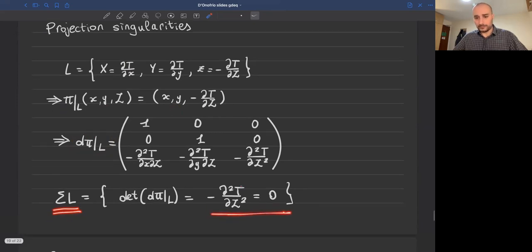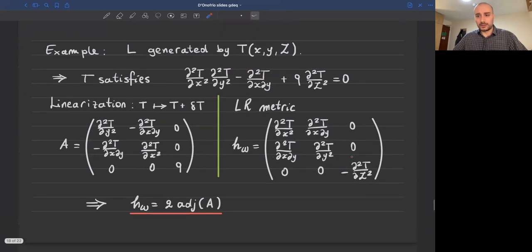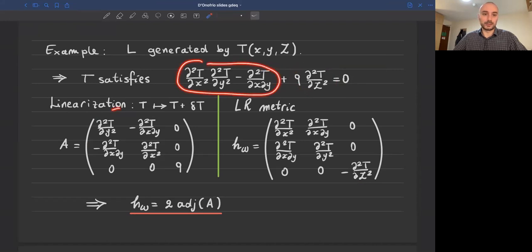Now, when this condition is zero, H is singular, but also A is singular, because the determinant of this one is going to be equal to this, thanks to the fact that T satisfies the Monge-Ampère equation. This is the determinant of A if we multiply it by Q.